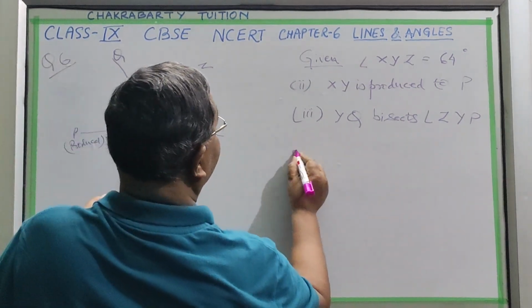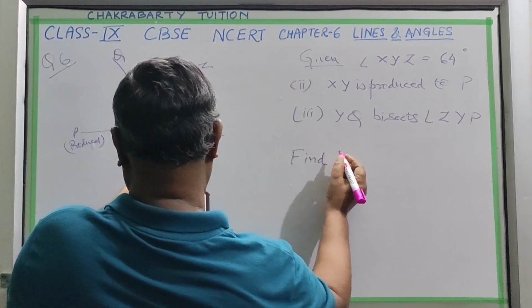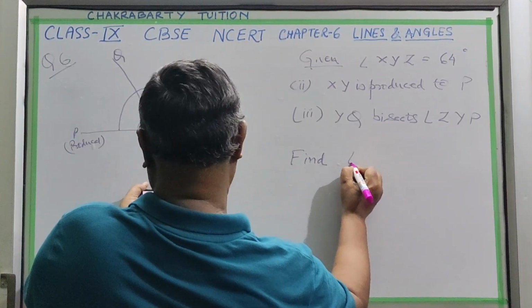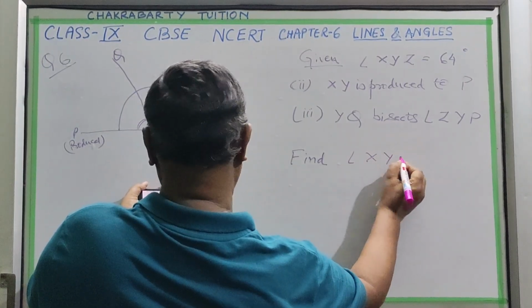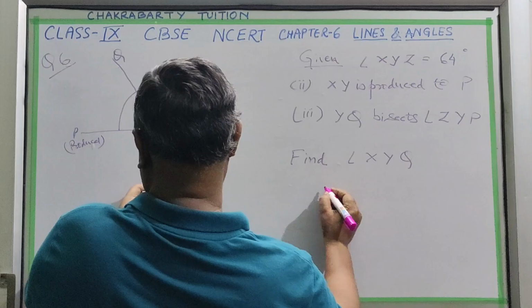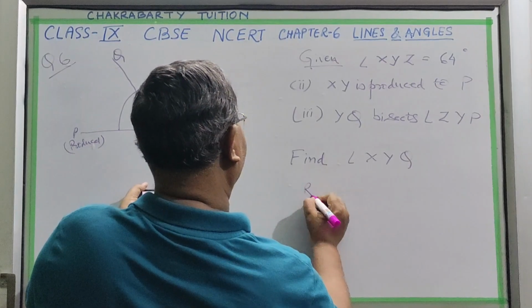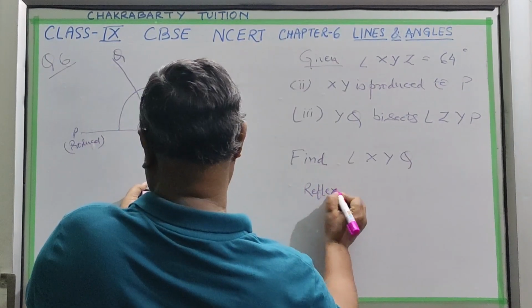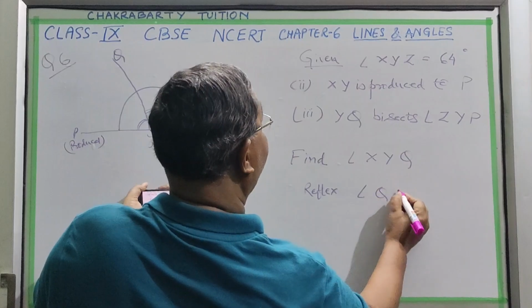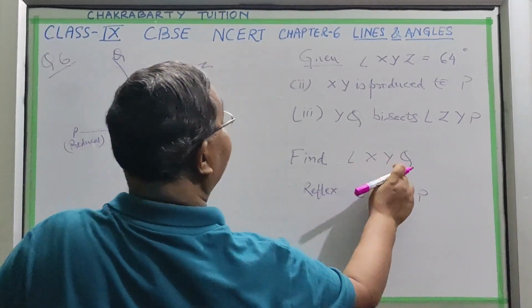Find: you have to find angle XYQ and reflex angle QYP. First we will find XYQ.